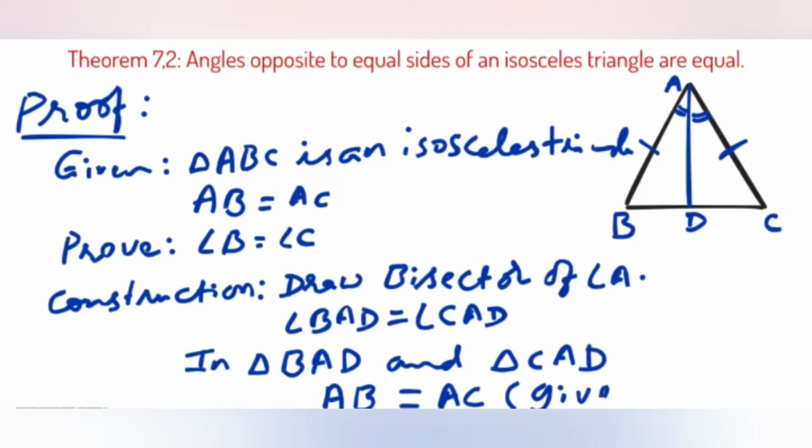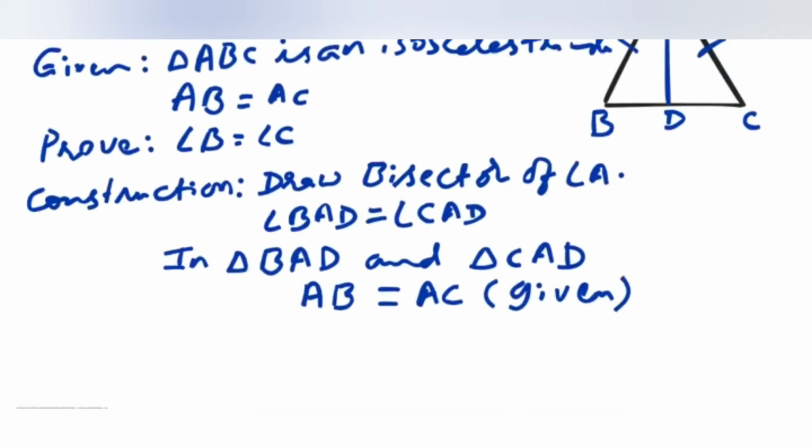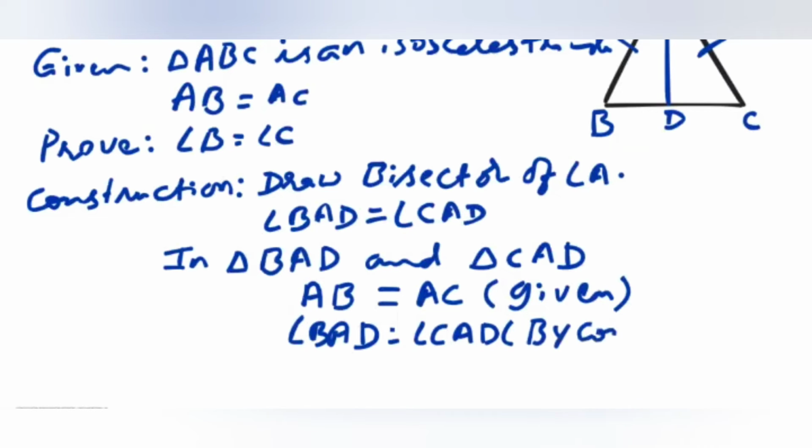And next, angle BAD and angle CAD are equal by construction. Write in the bracket: by construction.